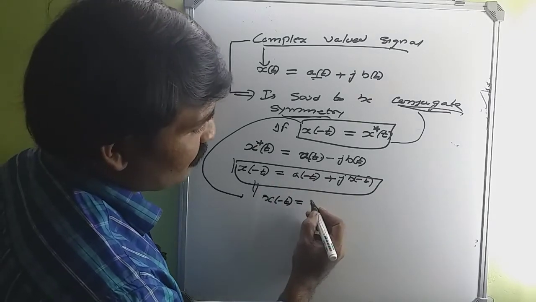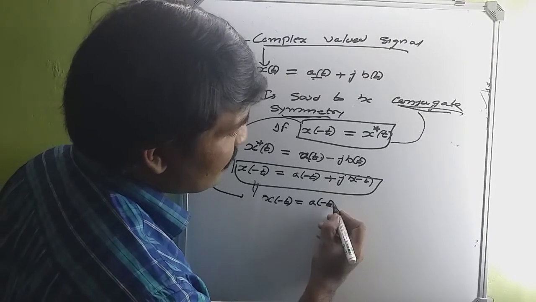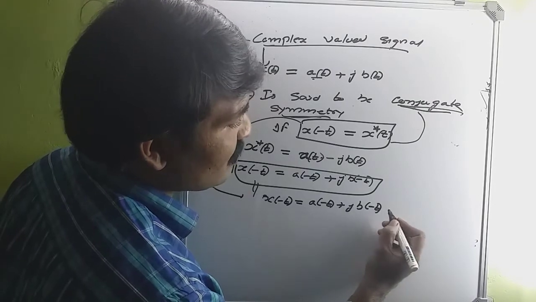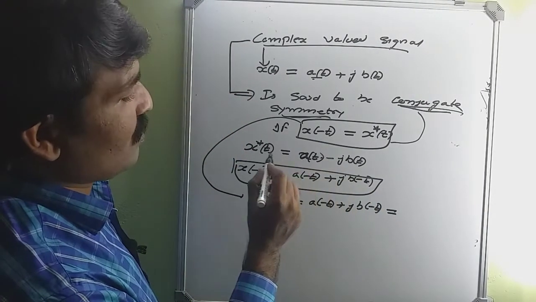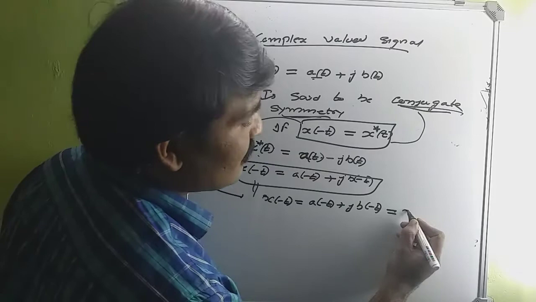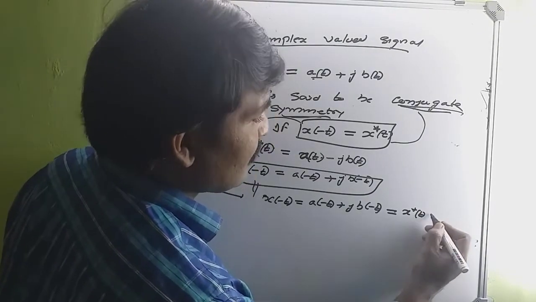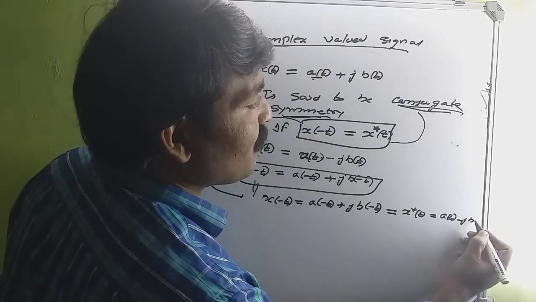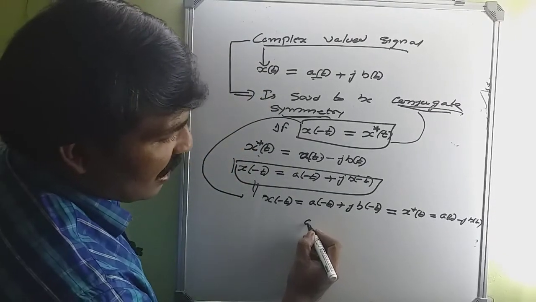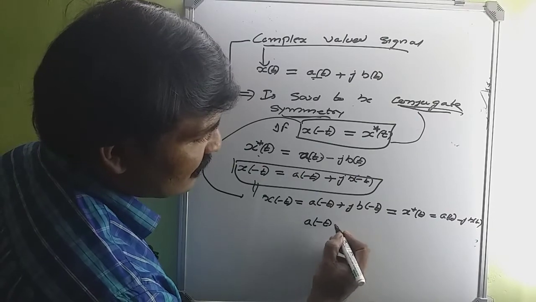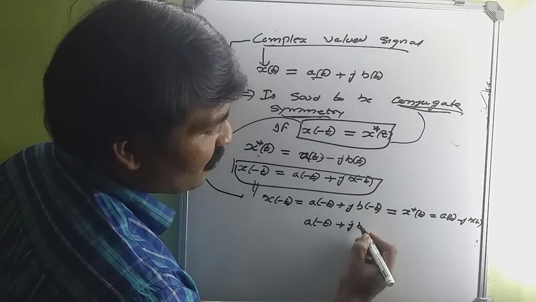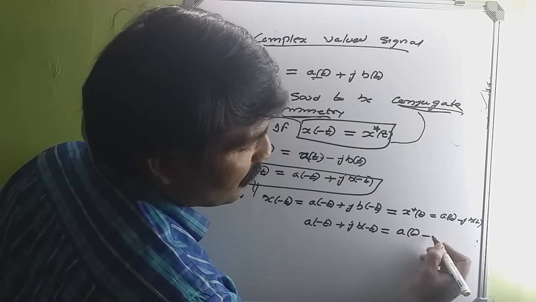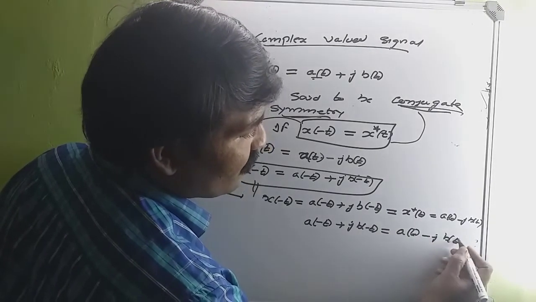That implies a of minus t plus j into b of minus t should be equal to x conjugate of t, that is a of t minus j into b of t.